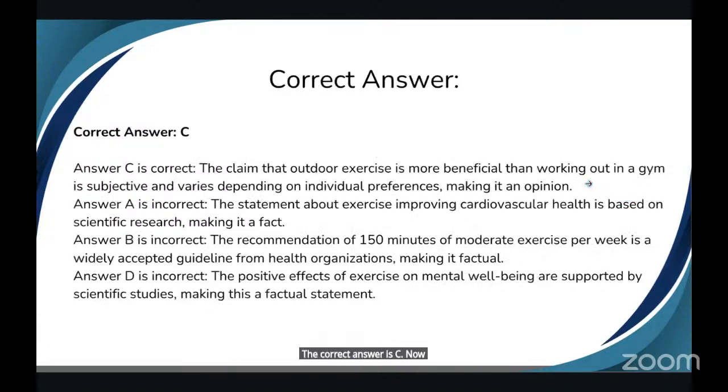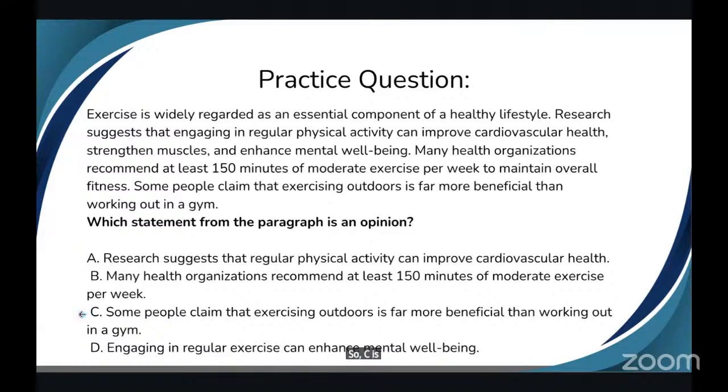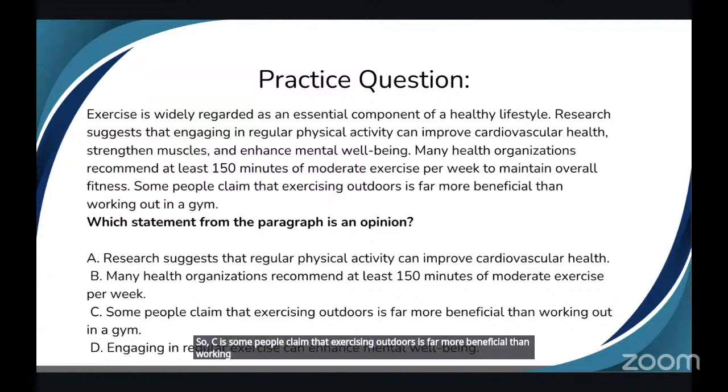Now, what I'm going to do throughout the night is go back and look at the individual one after we reveal the correct answer, and show it to you so you can see it in action. So C is, some people claim that exercising outdoors is far more beneficial than working out in a gym.